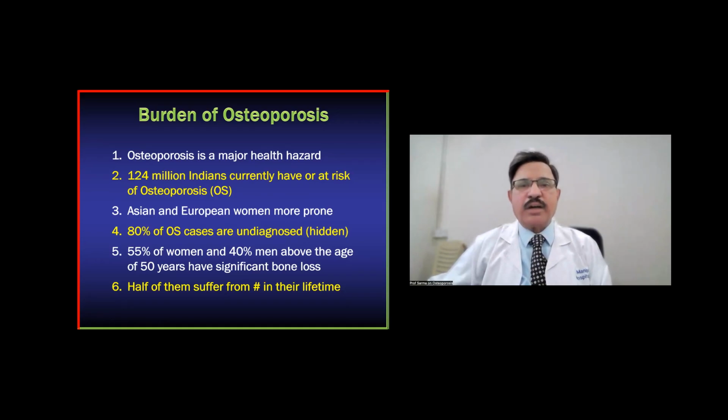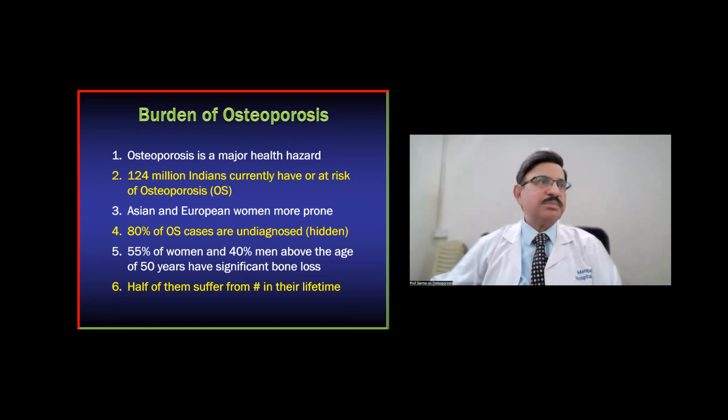124 million Indians currently have osteoporosis or are at risk of osteoporosis. Okay. And Asian and European women are more prone. 80% of osteoporosis cases are undiagnosed or hidden. 55% of the women and 40% of the men above the age of 50 years have significant bone loss.